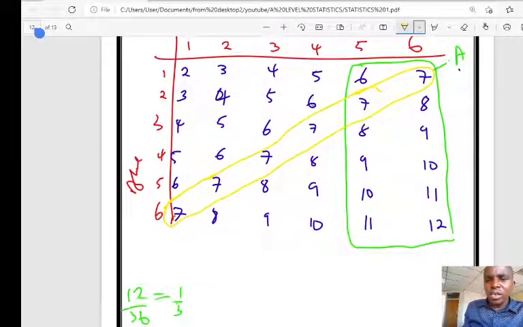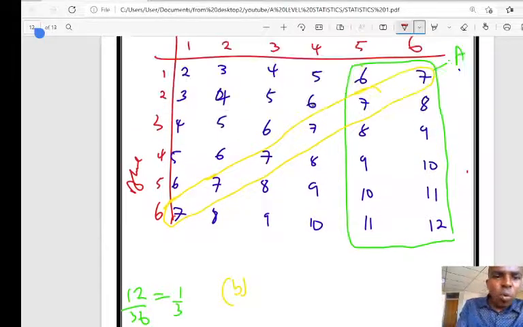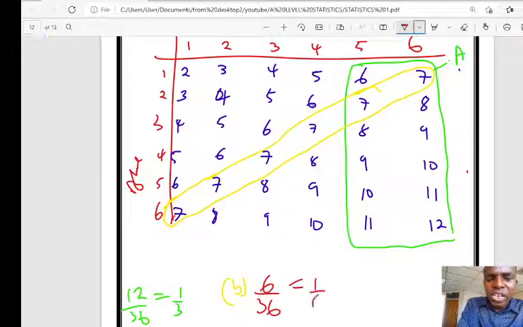So that's the probability that the total is 7. How many 7s do we have here? 1, 2, 3, 4, 5, 6. So it's 6 over 36, which equals 1 over 6.